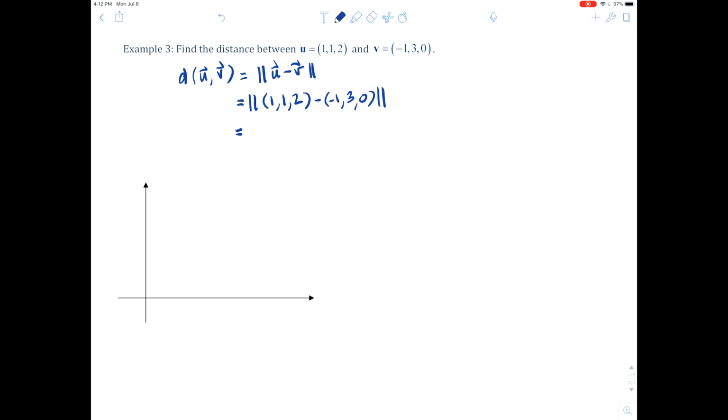And this will be the magnitude of the vector <2,-2,2>.